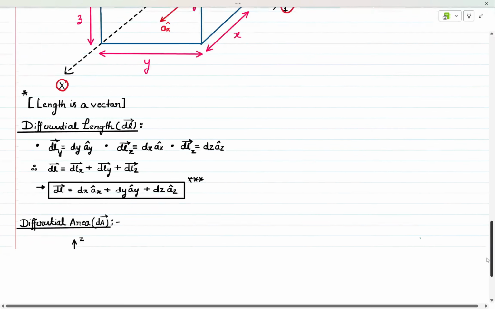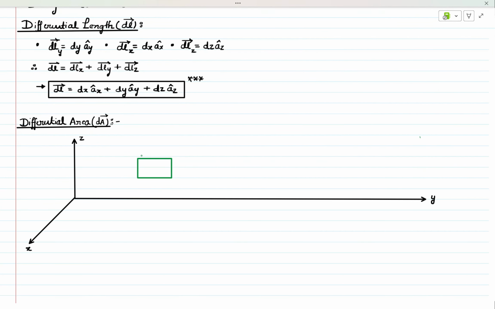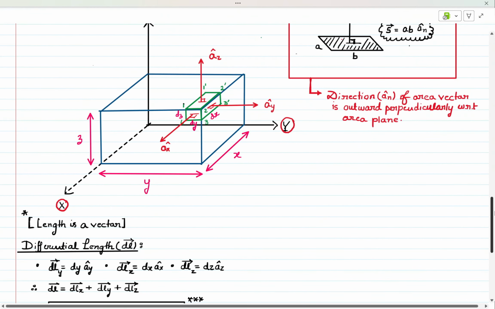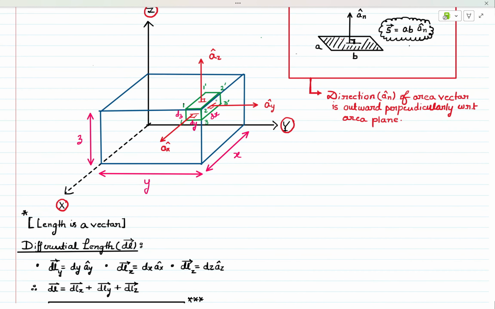So the area I am talking about is 1, 2, 3, 4 over here. Now this is the area that I can see for this differential block, and another area that I can see is 2, 3, 2 dash, 3 dash.